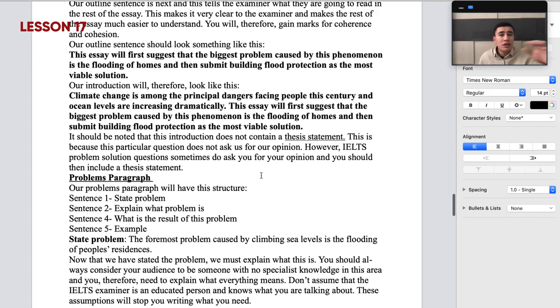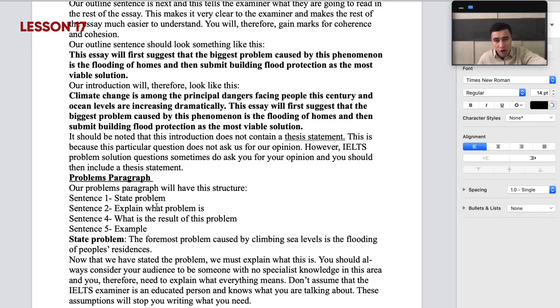Now, the next paragraph is going to be the first body paragraph dedicated to problems, and this is the structure. Sentence 1, stating the problem, then explaining what the problem is, and then what is the result of this problem, and then of course a proper example. Okay, let's start from stating the problem.